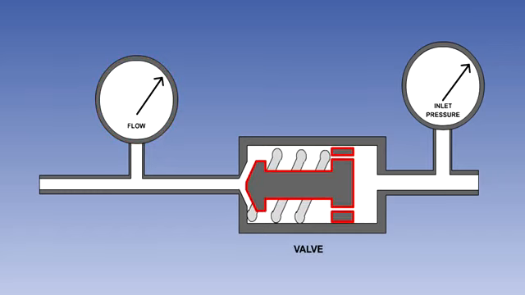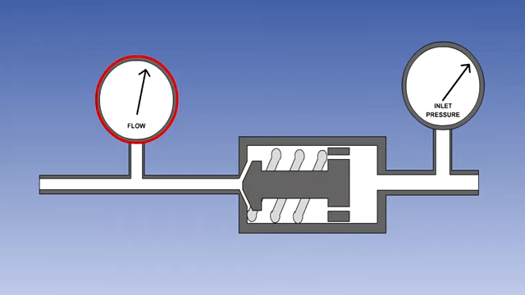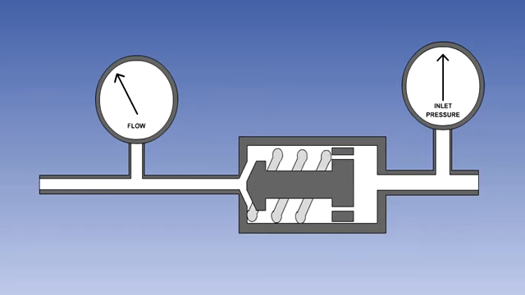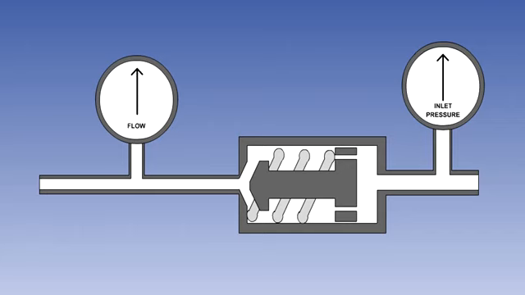However, the increased pressure will be felt on the piston, which will move the valve towards closed, thus reducing the flow rate. The opposite will happen if the pressure reduces. The spring will push the piston to the right, the valve will open, allowing an increased flow. Thus, for variations in inlet pressure, the flow rate through the valve will remain constant.